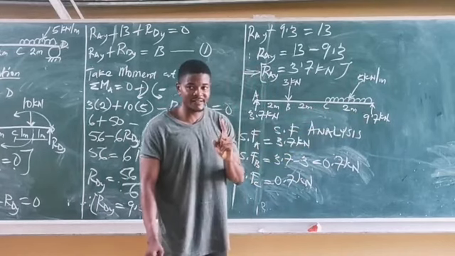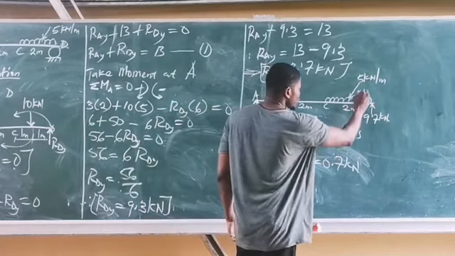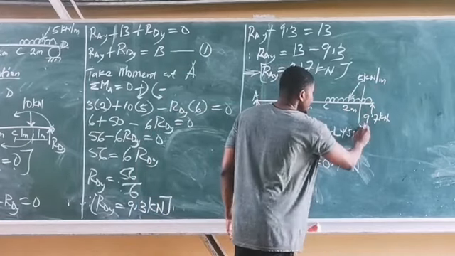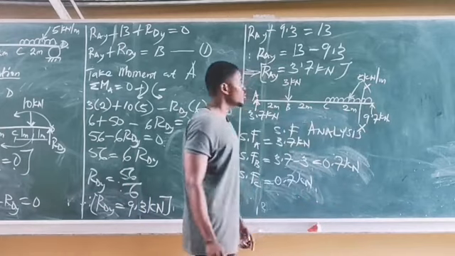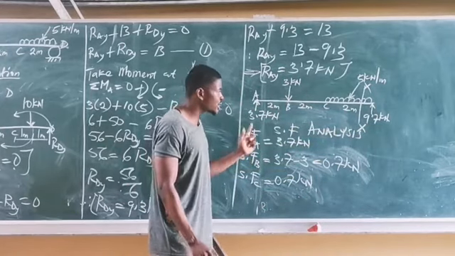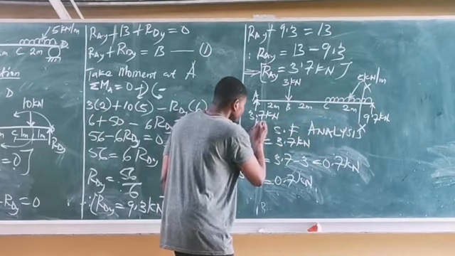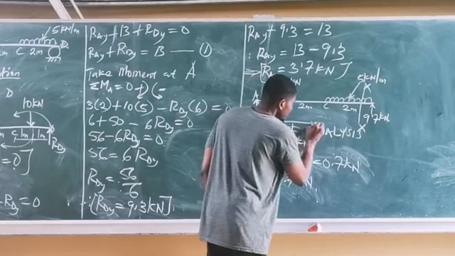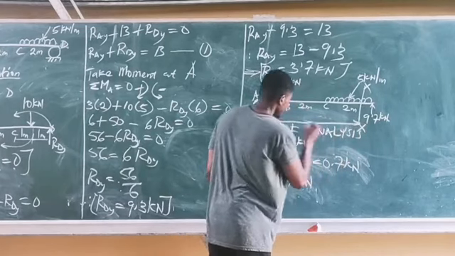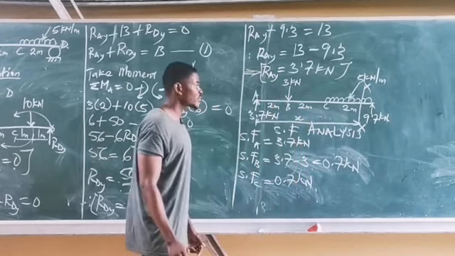Let the distance be x from point A. So you section somewhere between C and D, and you consider that the distance from point A to that point of section is x. You call this distance x.